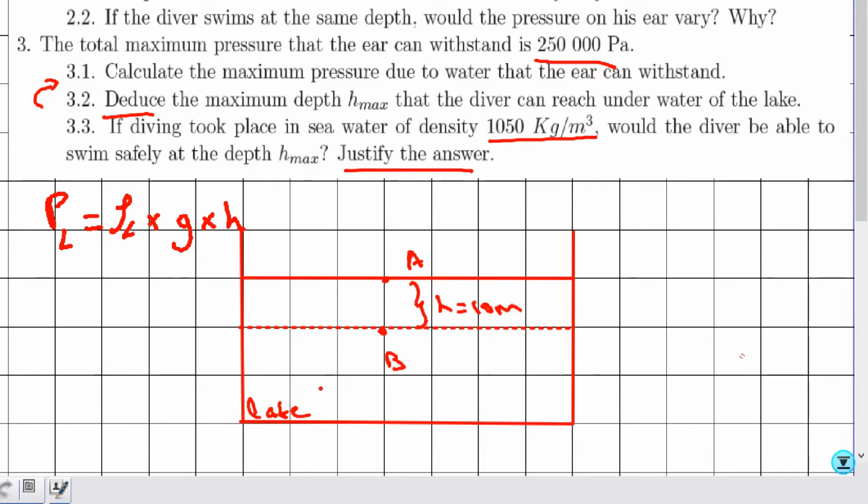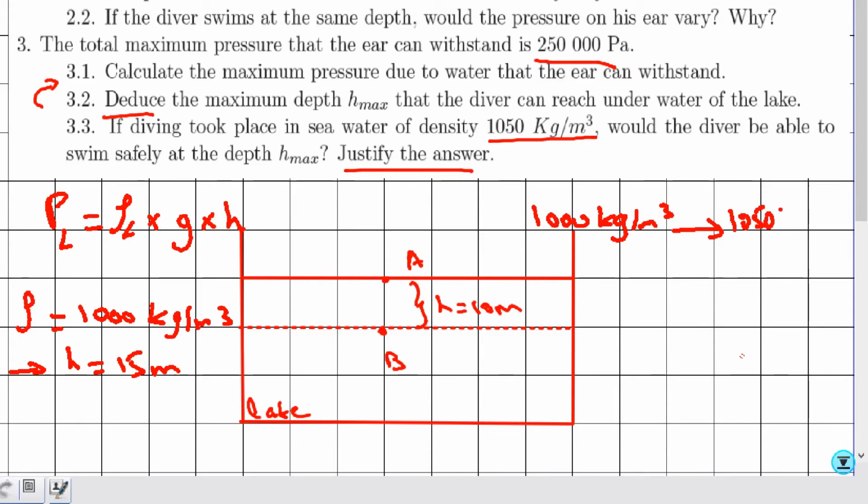And if the diver is swimming in the lake of density 1000 kg per meter cube, in this case he can swim at the depth H equal to 15 meters. Now here they are telling us that he wishes to swim in seawater of density 1050 kg per meter cube. So the density now changes from 1000 kg per meter cube to 1050 kg per meter cube. Would the diver be able to swim safely at the depth H max?